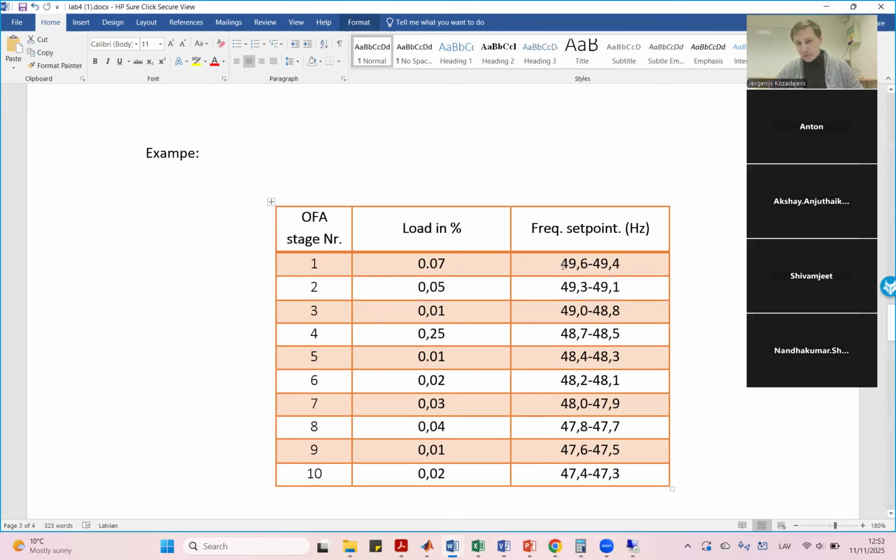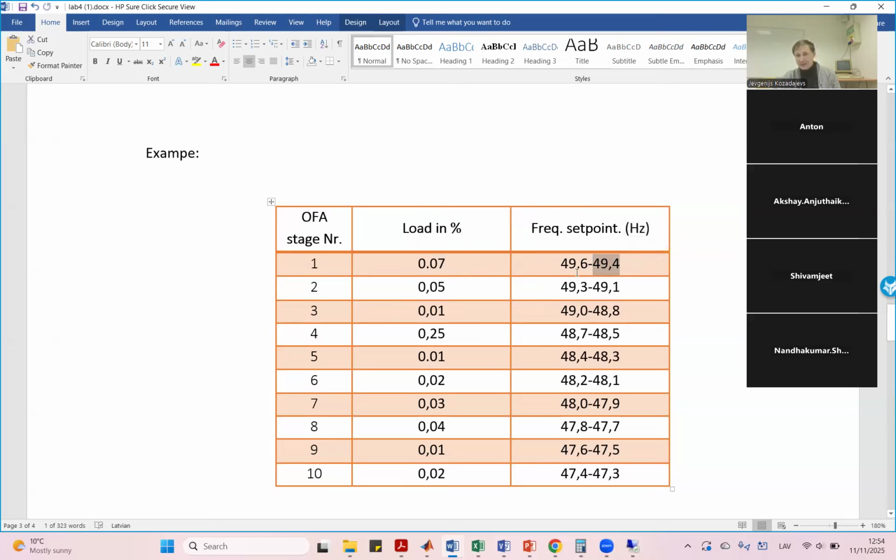Set point for frequency and set point for load. How much power do we need to disconnect? This is in percent, relative units. And this is frequency. If frequency is lower than this value, we disconnect this.